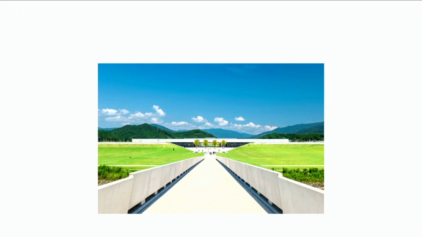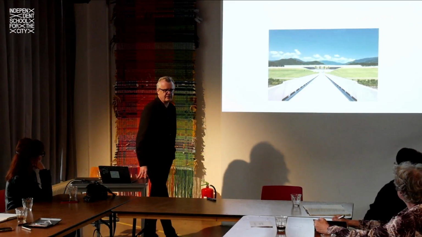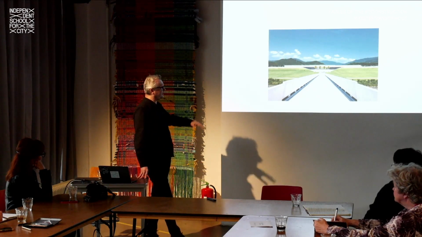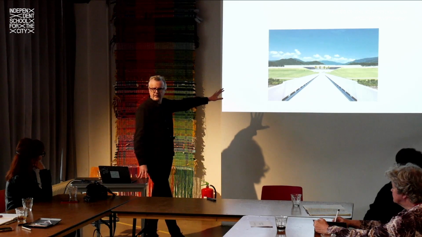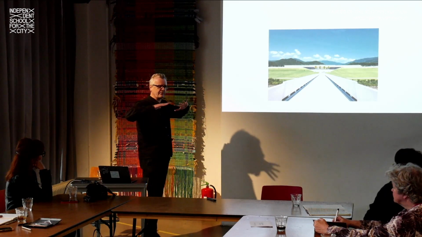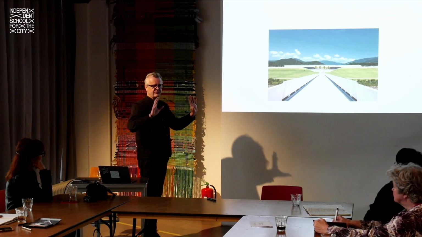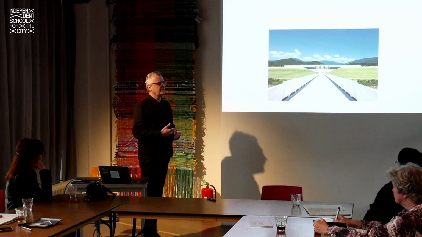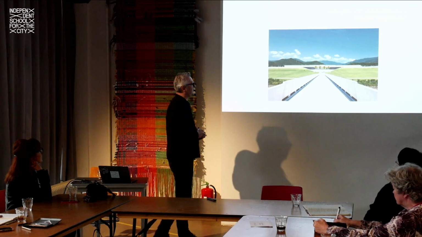And this is also, if you look at, for example, the reconstruction plan for Hiroshima of the 1950s by Kenzo Tange, it has this same kind of aesthetic, this same kind of hyper-modern, very monumental, very green, very open, monumental aesthetic to it.